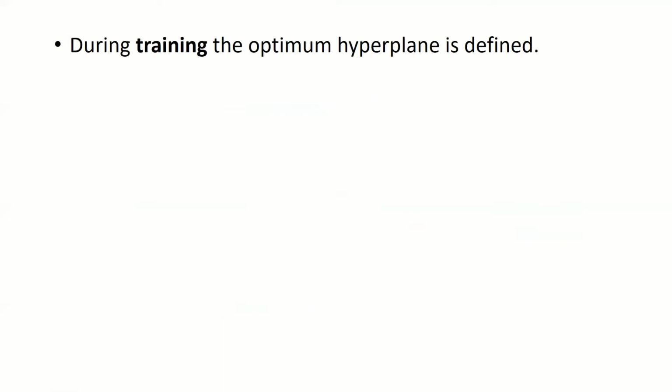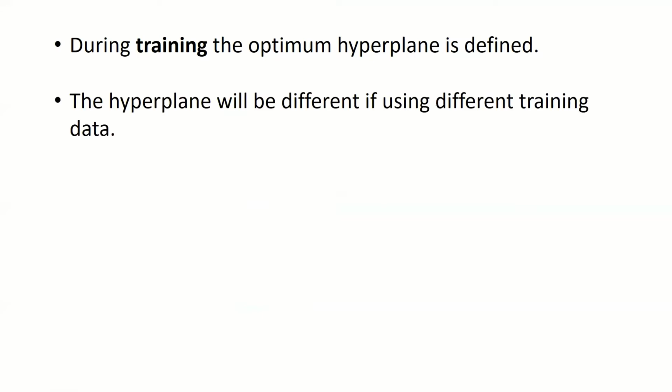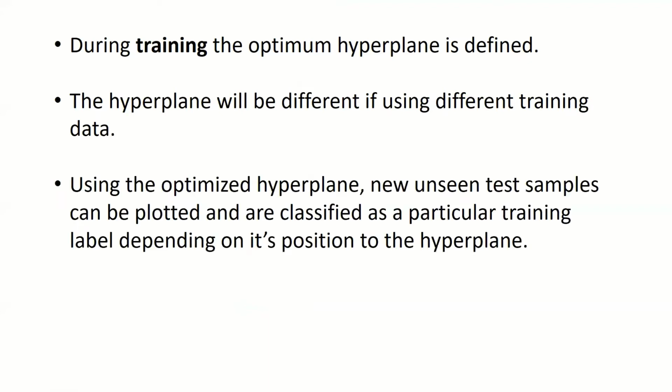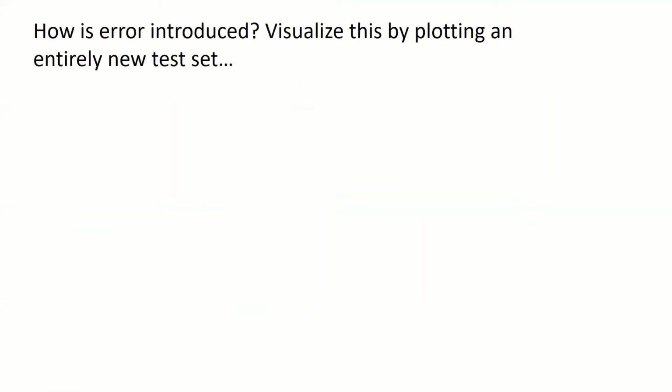So during training, we're going to find an optimum hyperplane, and depending on how our training data is plotted, it will give us a different hyperplane. We're going to use the optimum hyperplane with unseen test samples and see how they correspond. Do they fall on the right side of the hyperplane to classify them accurately?